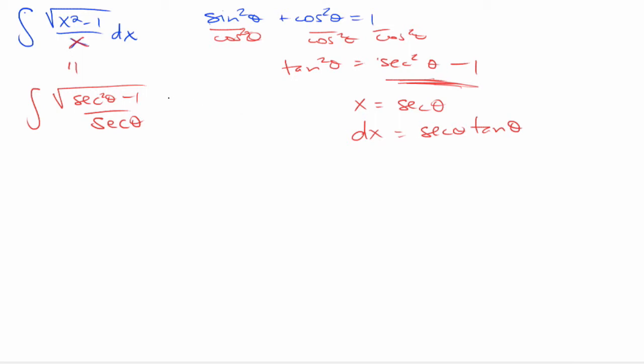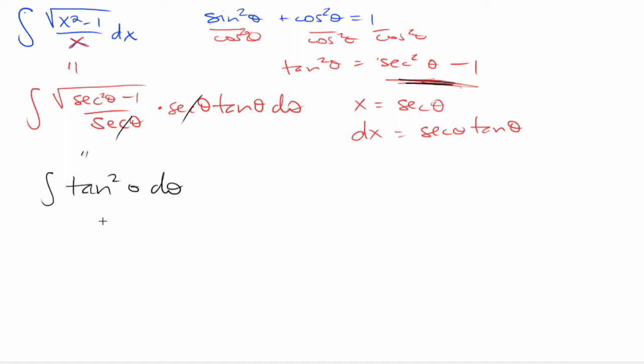This dx is now written as secant theta tangent theta d theta, and then the secants cancel. Well, this square root of secant squared theta minus 1 equals tangent theta, so this is really a tangent times this tangent, and this is tangent squared theta d theta. So now we've written this integral as the integral of tangent squared theta.